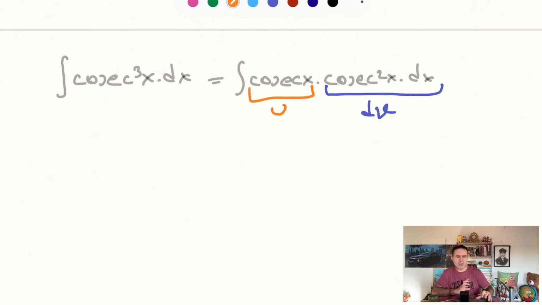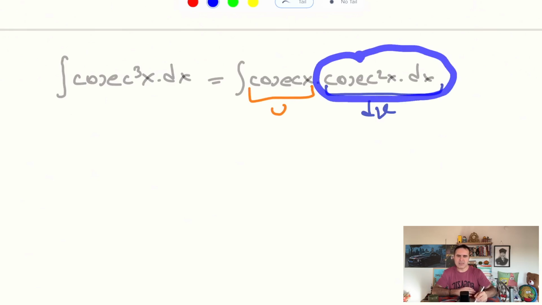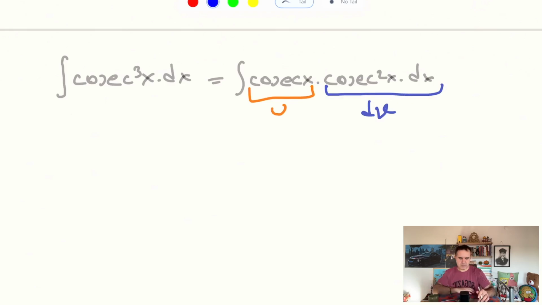Same method. If you had cosecant to the 7, cosecant to the 9 power, they are all the same. We will take cosecant square of x dx as dv and the other part as u.